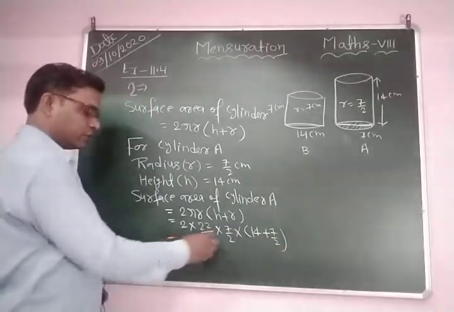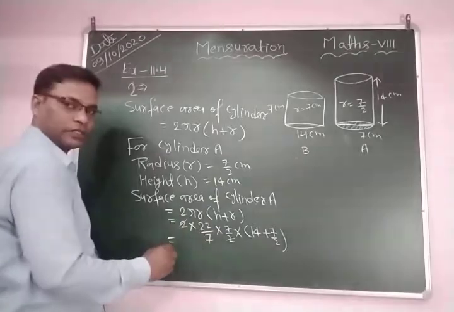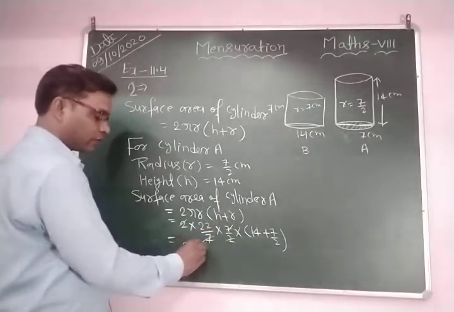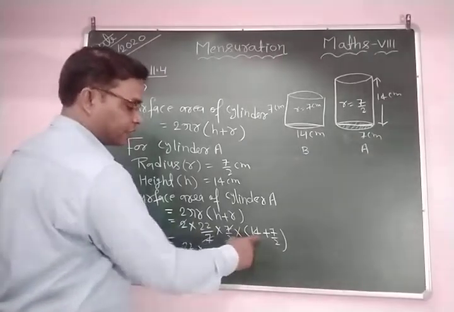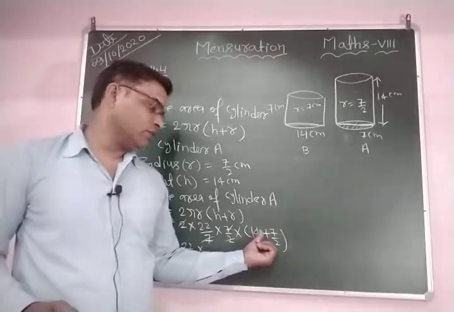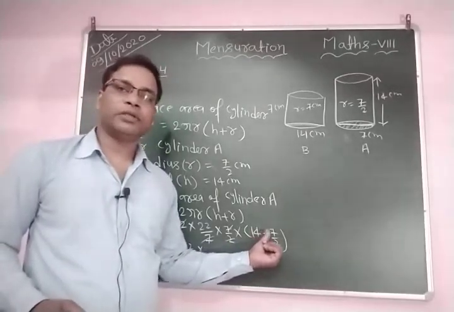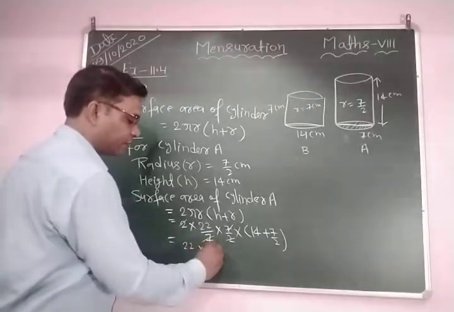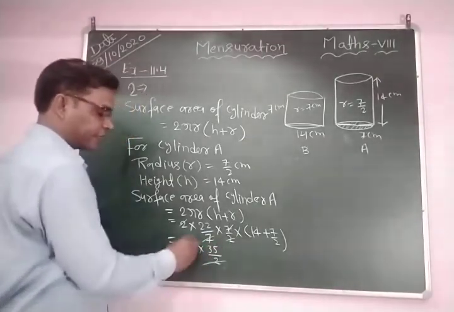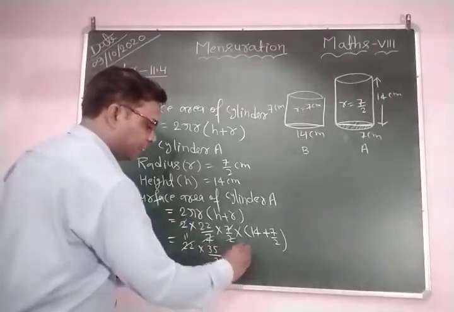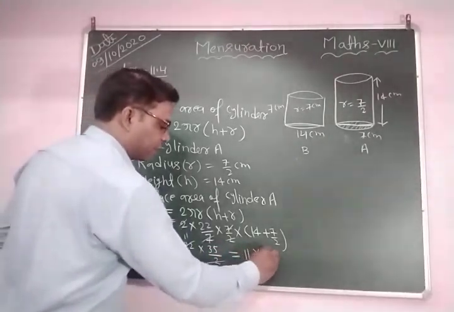Clear? Now the 2 cancels here, and the 7 cancels. We have here 22 into, if we take the LCM, 14 into 2 is 28, plus 7 is 35/2. So we obtain 35/2. This is cancelled by 11, and in this case we obtain 11 into 35.